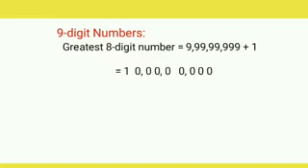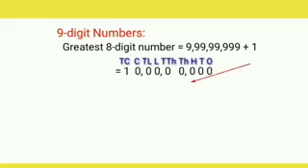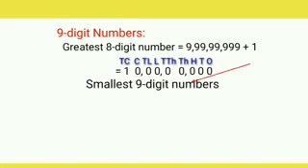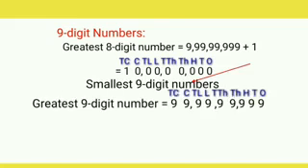If we add 1 to the greatest 8-digit number, we get the smallest 9-digit number. That is 1, 0, 0, 0, 0, 0, 0, 0, 0. We read it as 10 crores, and the greatest 9-digit number is 9, 9, 9, 9, 9, 9, 9, 9, 9.